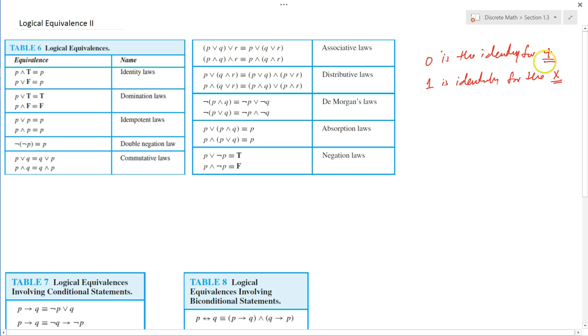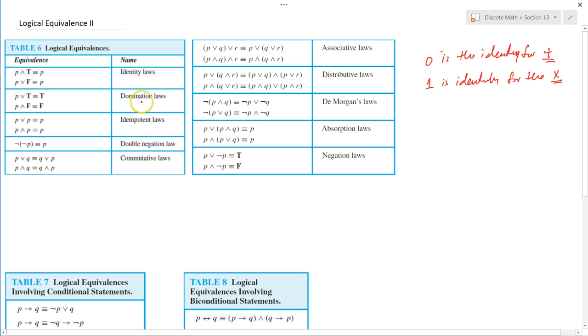In propositional logic, you can always see a pattern, an equivalency pattern, between the concepts that we are familiar with in regular algebra and the concepts that we're going to take in propositional logic over here.